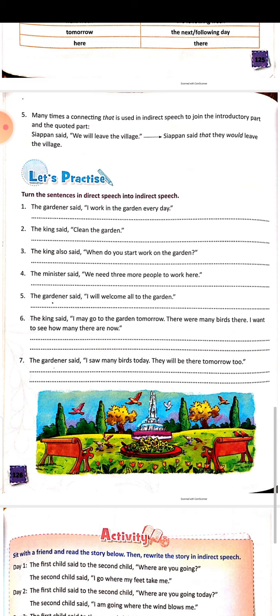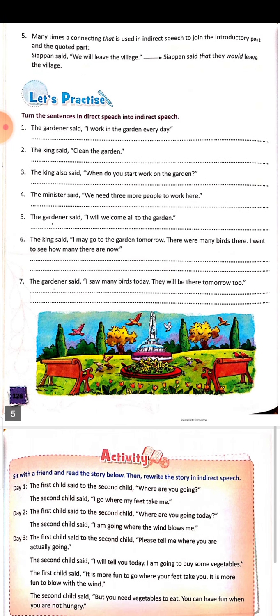Turn the sentences in direct speech into indirect speech. That means it is given in direct speech, we have to change it into indirect speech. The gardener said, I work in the garden every day. So here it will be: the gardener said that he works in the garden every day.